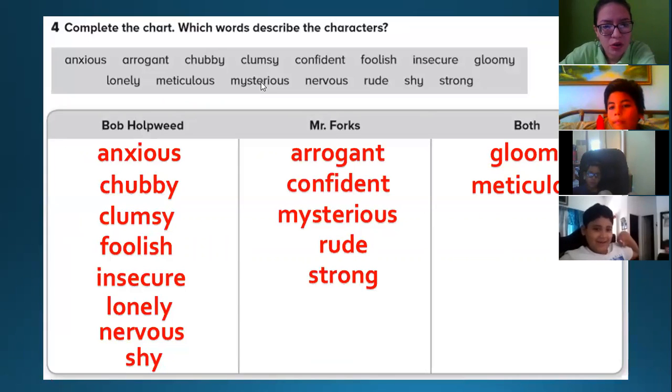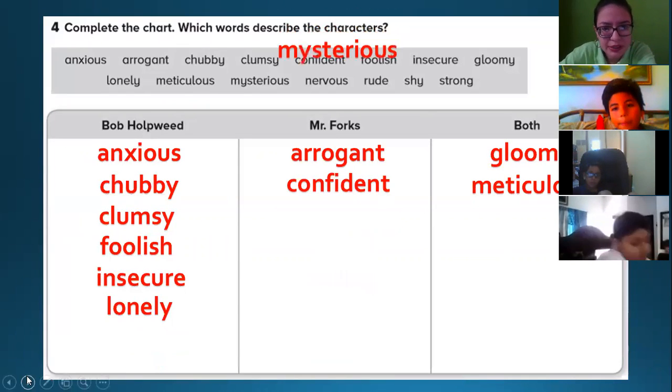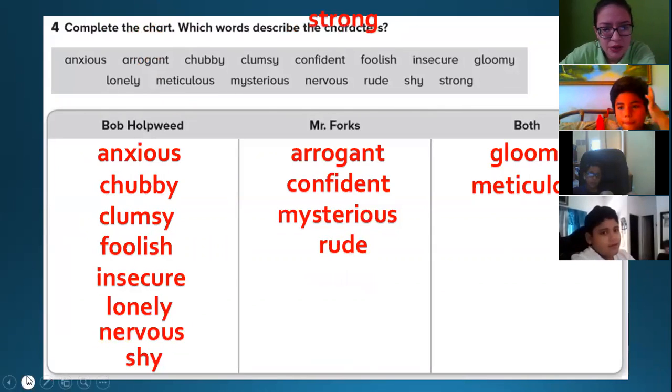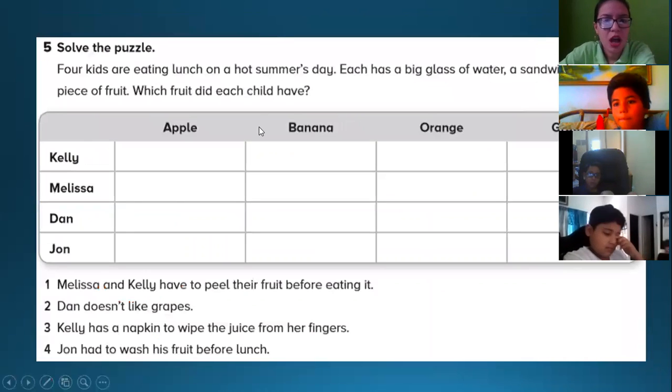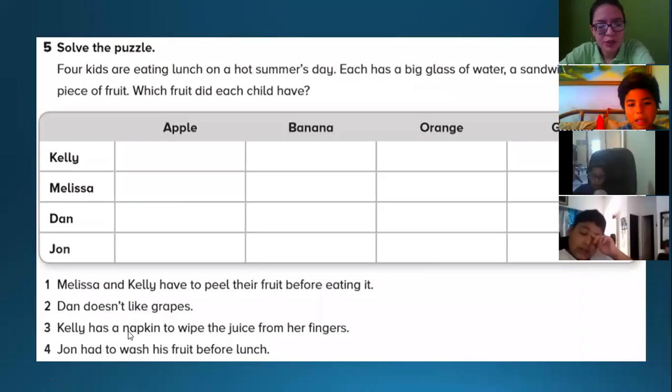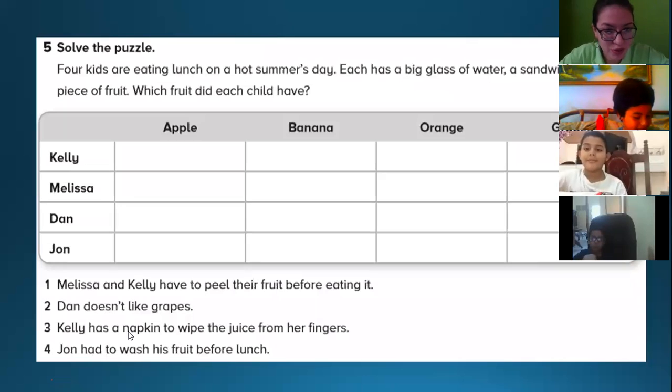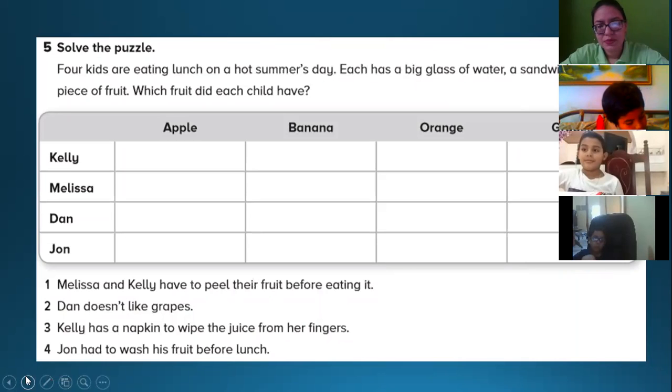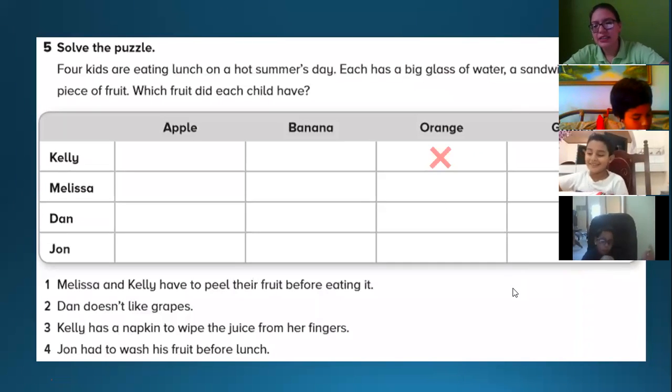Okay, I have a person with the answers. Ignacio, what fruit does Kelly have? Orange. Okay, let's check if it is orange. Yes, Kelly has an orange.